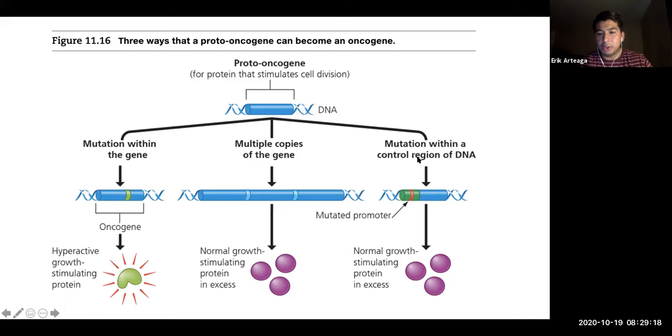You have a mutation within a control region of the DNA, a mutated promoter, normal growth-stimulating protein in excess. Okay, so again, these are the different ways that a proto-oncogene can turn into an oncogene, or a gene that can stimulate extra cell growth.